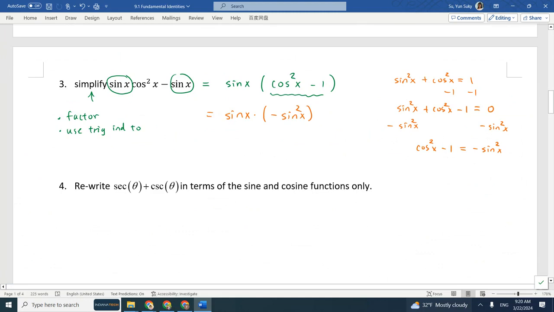We use the trig identity to make it shorter, to reduce the types of trig functions. And can you combine them?